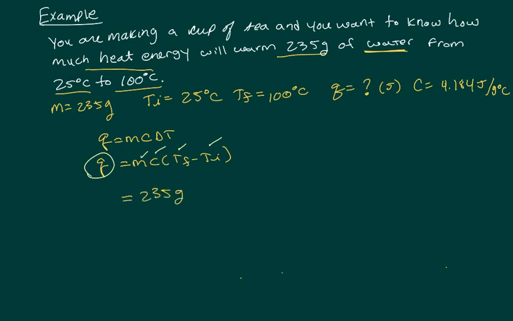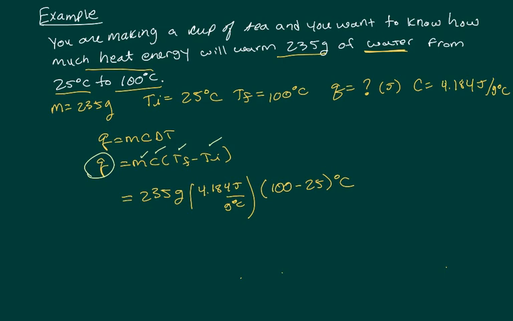235 grams times our C, which is 4.184 joules per gram per degree Celsius, and we have our T final is 100 minus our T initial. This is in degrees Celsius. Here's what you always want to do.